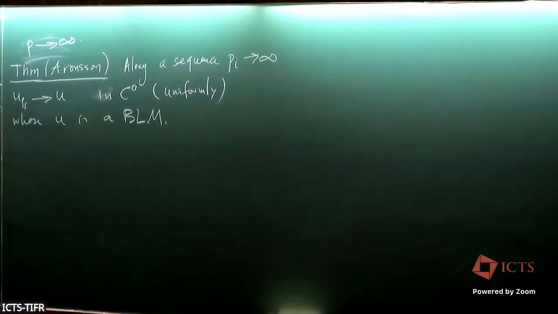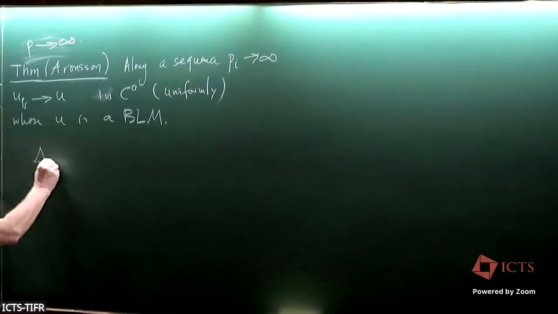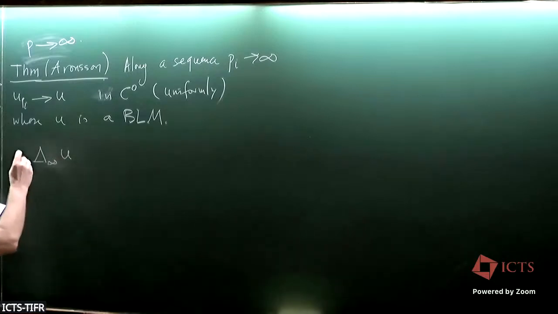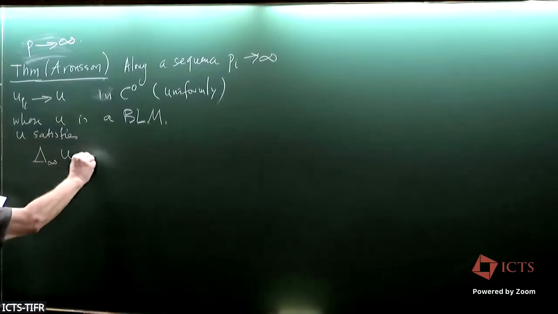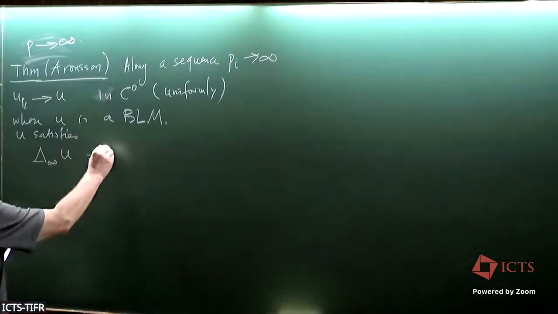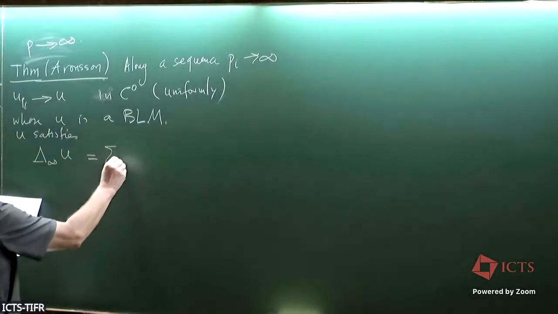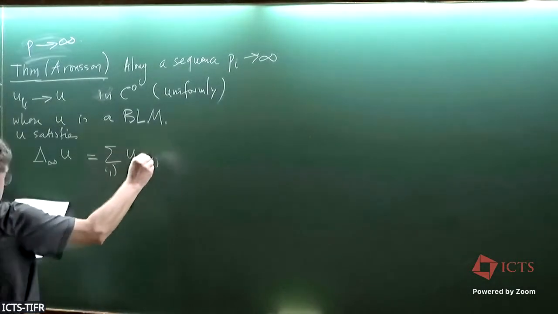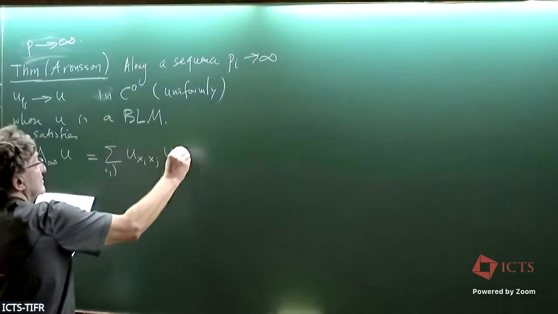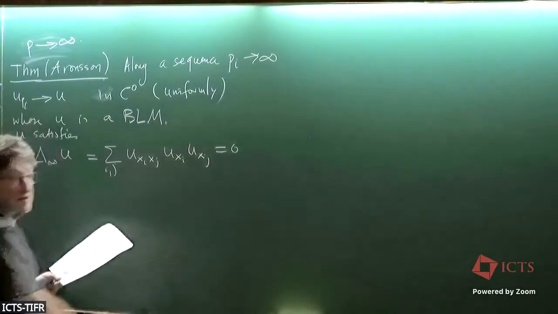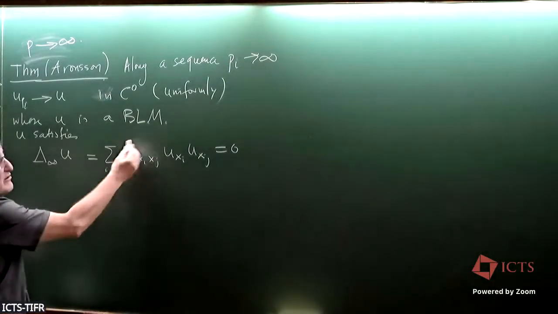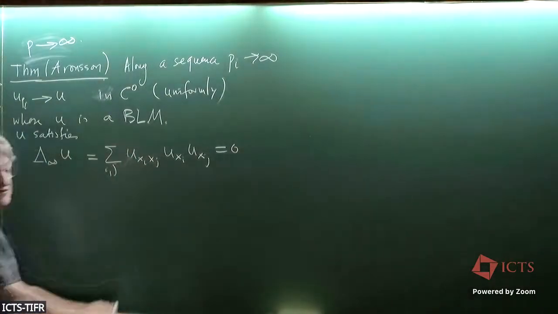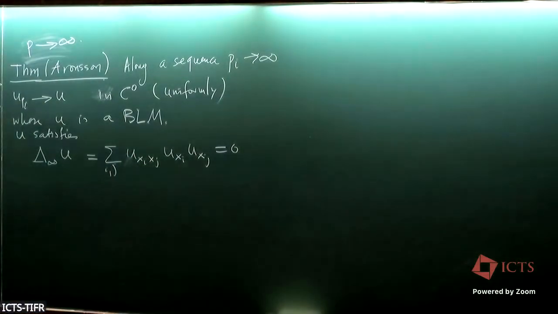And at the time he wrote something which didn't make sense. He wrote this equation, U satisfies this, which is the sum over i, j, this equation. So this is the second derivative of U. This is a very strange differential equation.